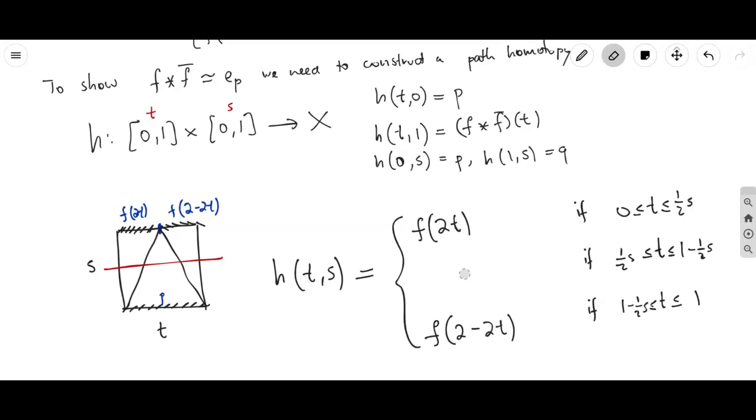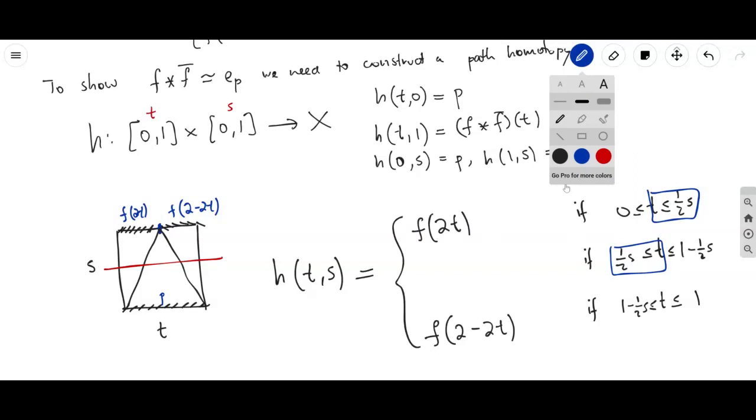Basically what you need to satisfy is the requirement that on the overlaps, they're compatible. So if you set t is equal to 1/2 s, what you get over here should be consistent with what you get over here. So notice if you set t is equal to 1/2 s, this would be f of 2 times 1/2 s. So that would be f of s. So the one in the middle should be f of s.